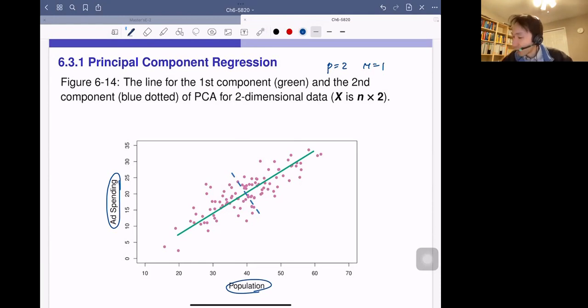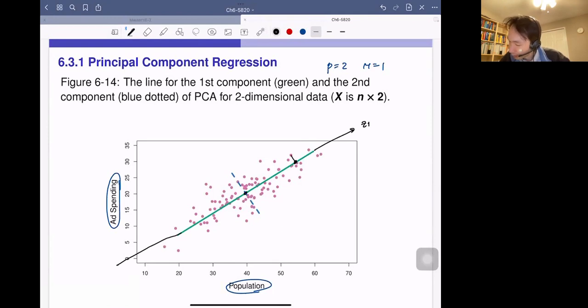So we have this axis. This is a new axis, and we think about the coordinate on this axis. Say maybe we call this Z1.